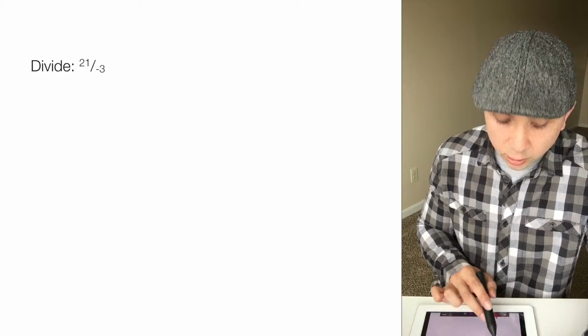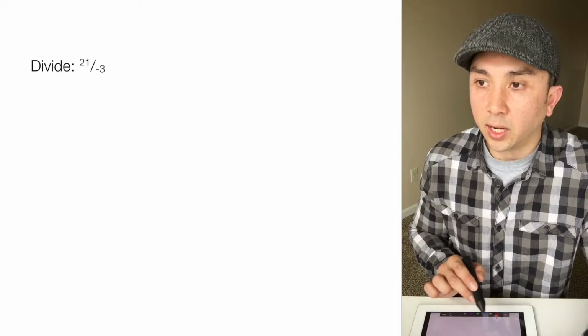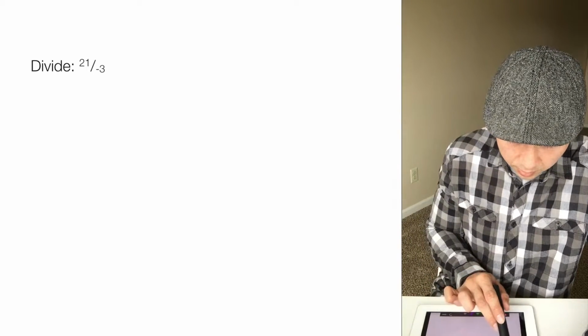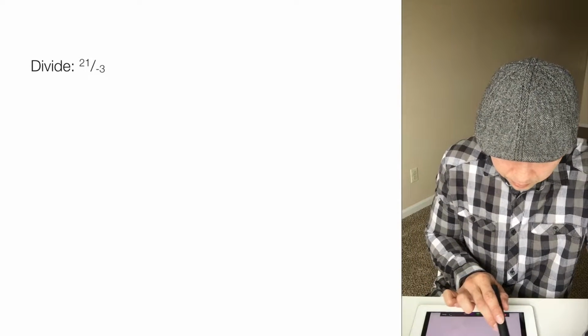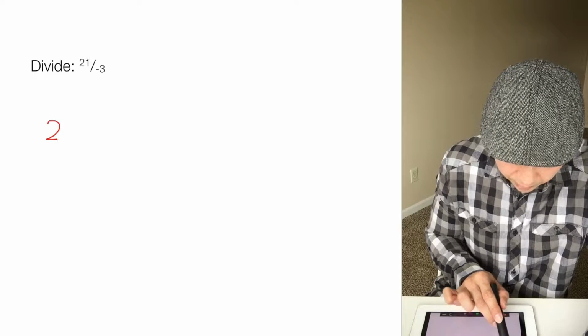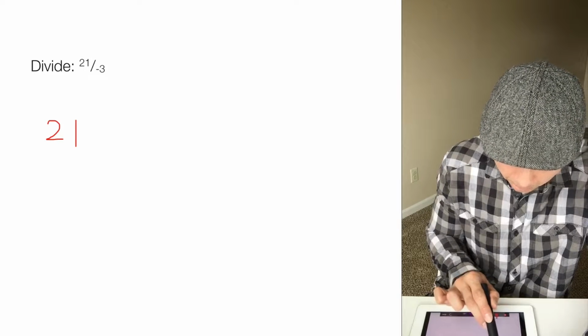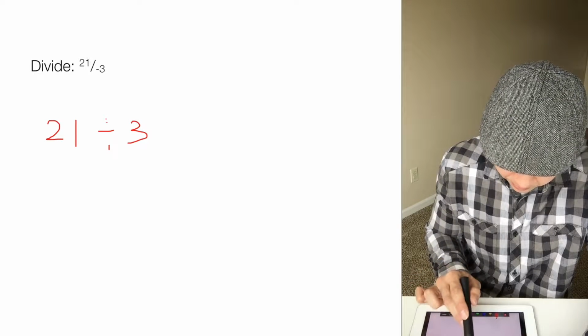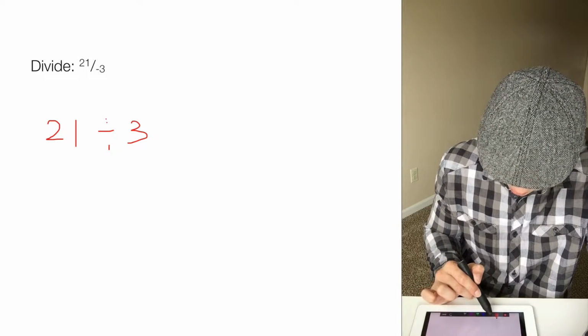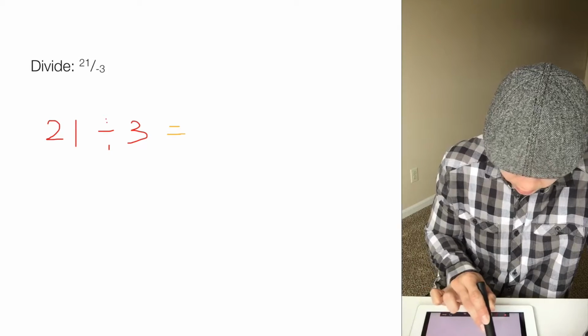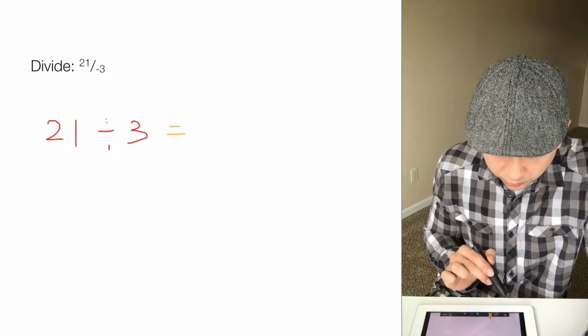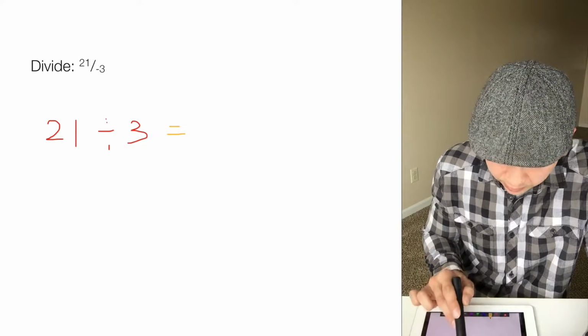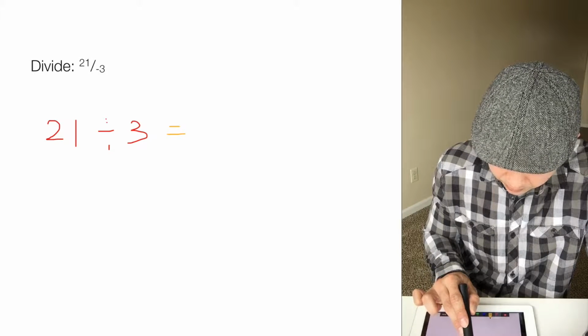Let's divide 21 divided by negative 3. 21 divided by 3 gives us 7.